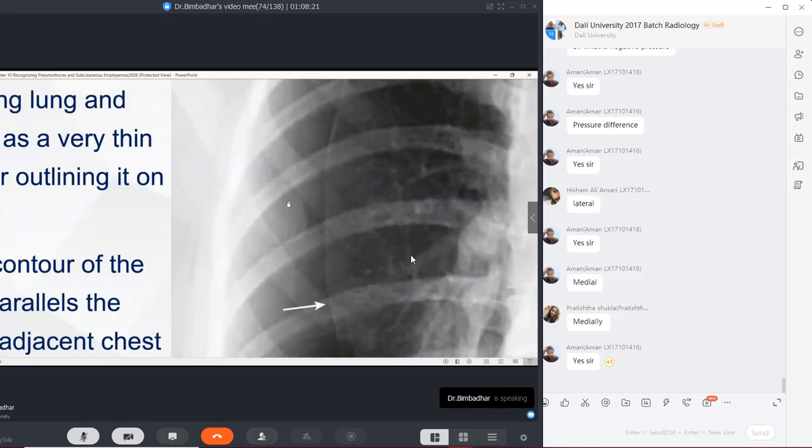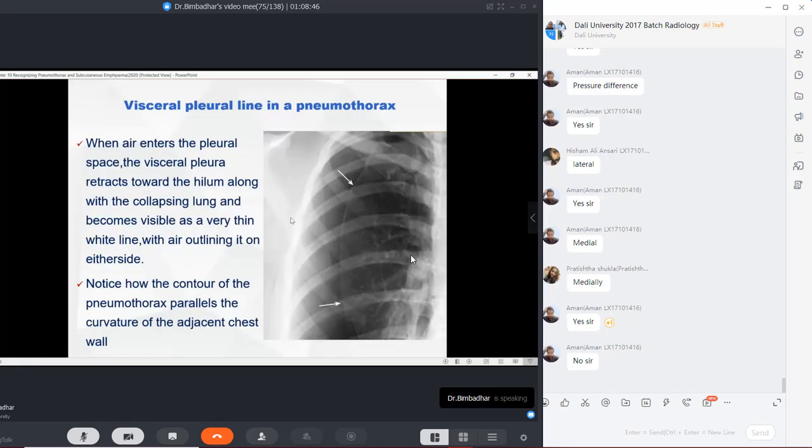There are no vascular markings where the clear rib shadows are present. So the fourth radiographic feature is that there are no pulmonary vascular markings. Can everybody appreciate this?